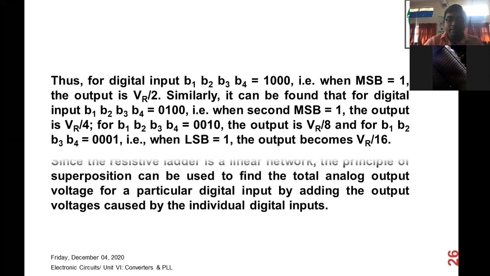Since the resistive ladder is a linear network, the principle of superposition theorem can be used to find the total analog output voltage for a particular digital input by adding the output voltages caused by the individual digital inputs.